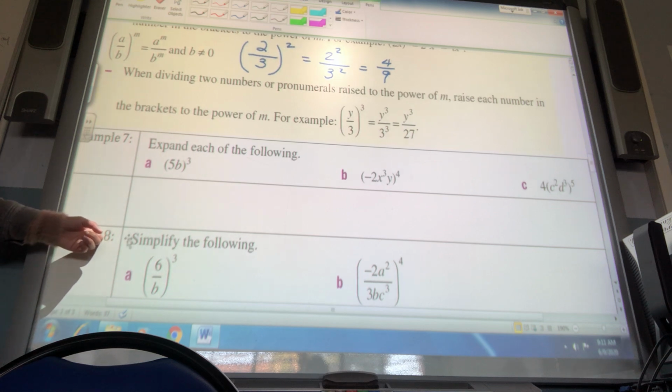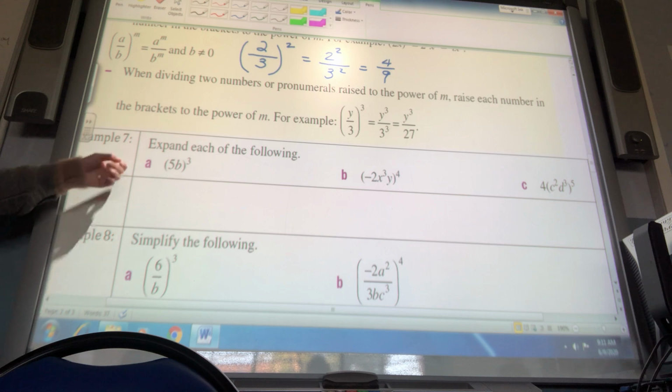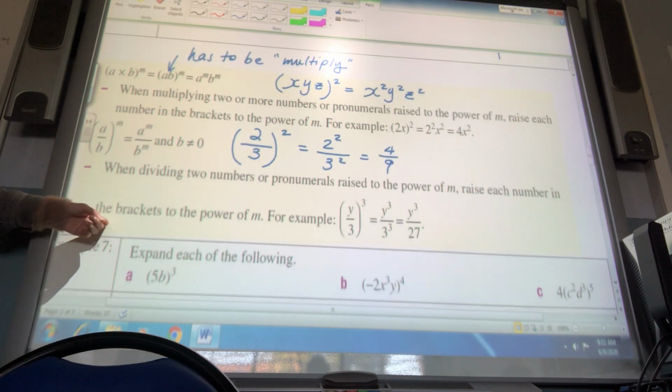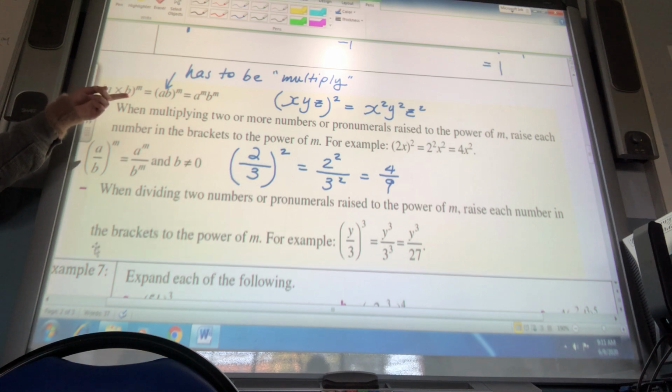Any questions? Do you have to copy them down? Do you not have these on your handout? Oh, you mean this? Can you copy this as well?